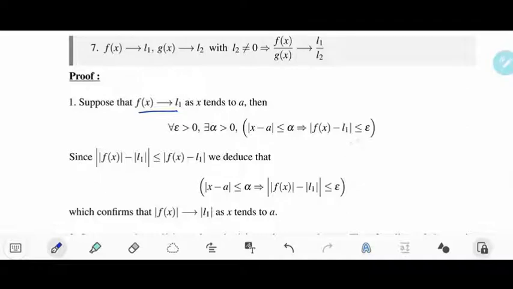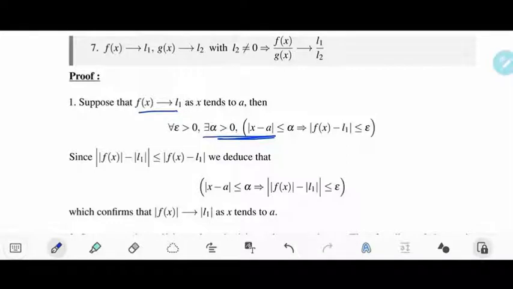To prove that the limit of the absolute value is the absolute value of the limit, we need to prove that there exists alpha, whether it's the same alpha we had in the first definition or another alpha, such that ||f of x| minus |L1|| is less than epsilon.